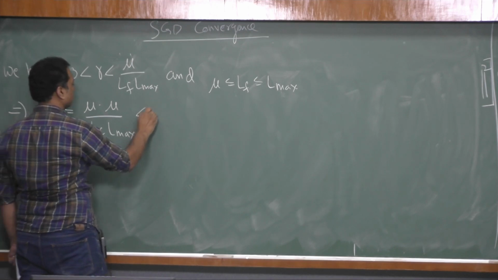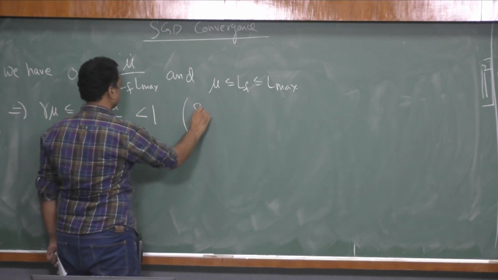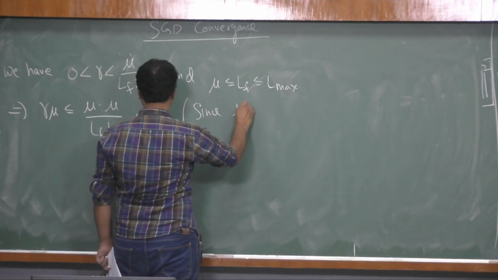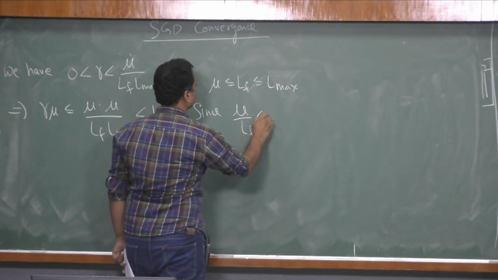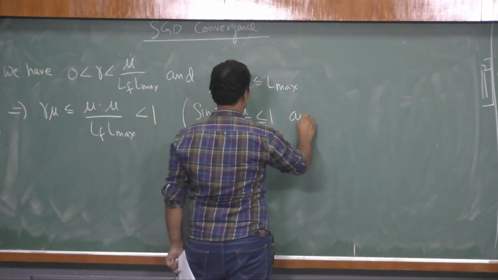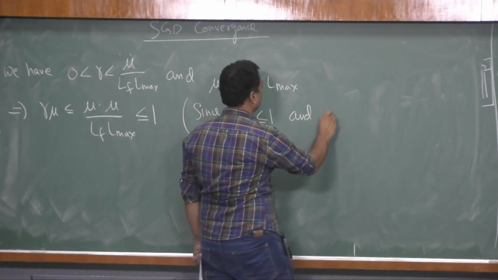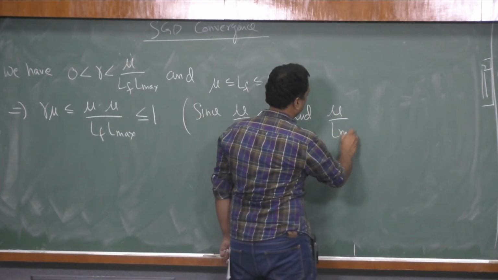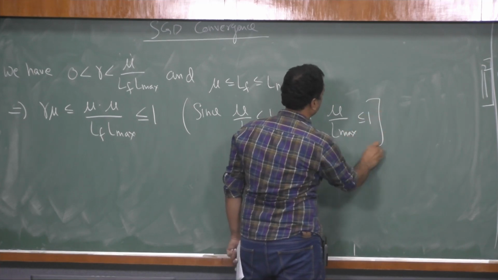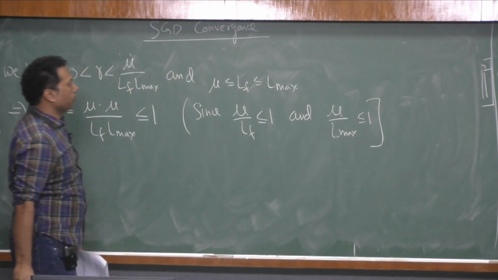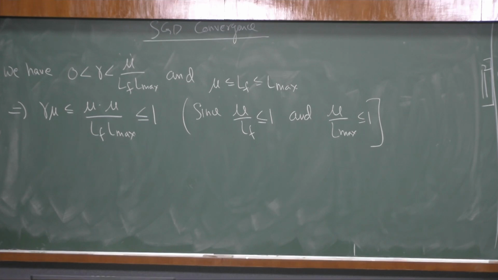So this is less than 1, since mu by LF is less than or equal to 1, and mu by L max is less than or equal to 1. Okay. So all this means that we will drop that t term, it seems. So are we doing that?